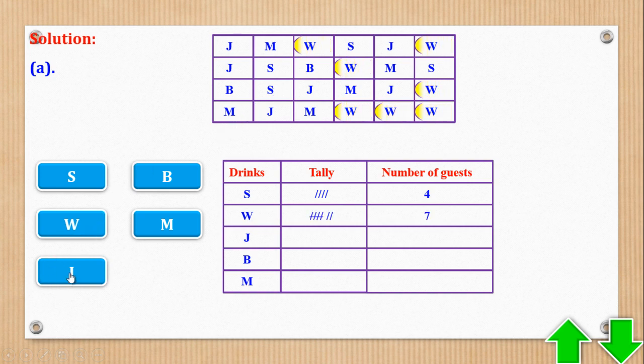The next is fresh juice, 1, 2, 3, 4, 5, 6. So put a tally of 6. Next is bushera, which is 1, 2. So put a tally of 2. And lastly, flavored milk, which is 1, 2, 3, 4, 5. So put a tally of 5. So basically, that's what they meant by a suitable table.